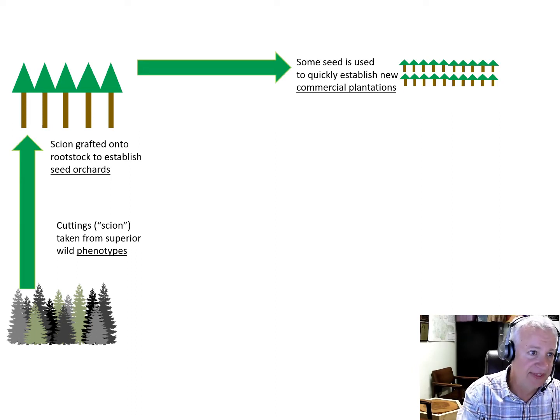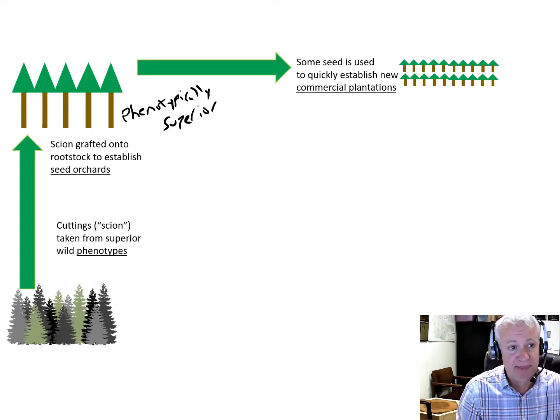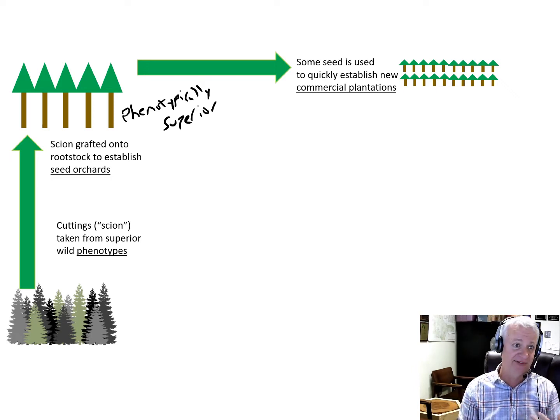So when you're thinking about this, these seed orchards are phenotypically superior. We don't know that they're genetically superior yet because, again, phenotype is a mixture of genetics and environment.